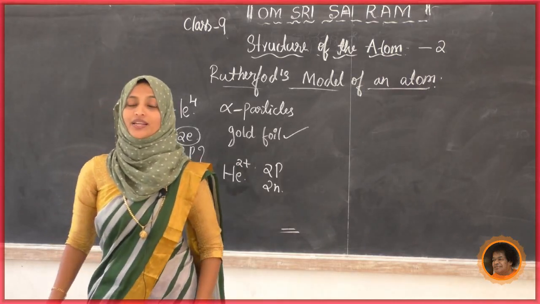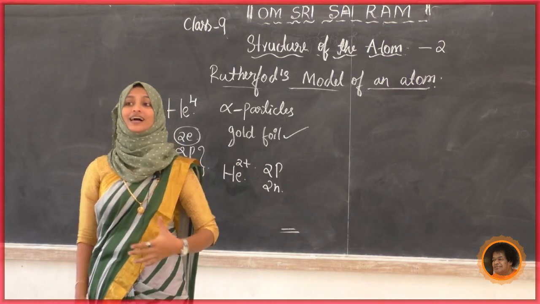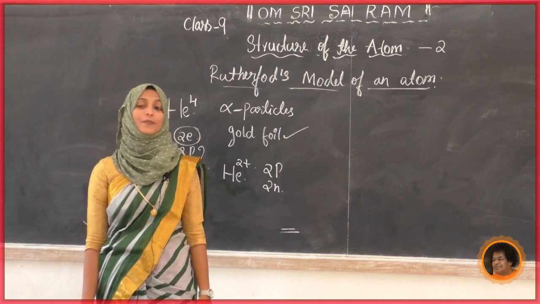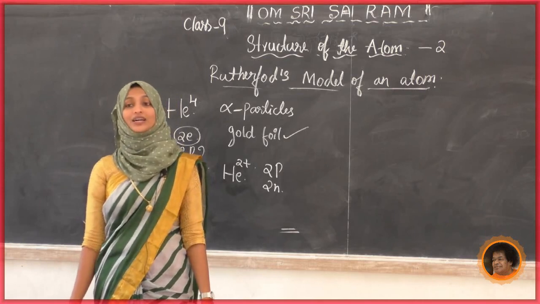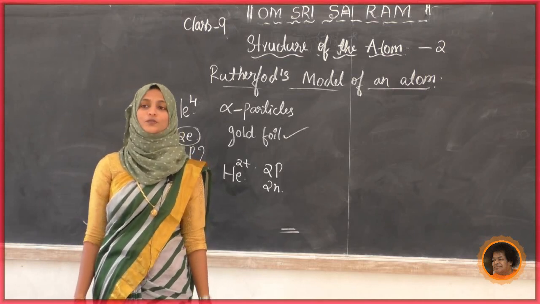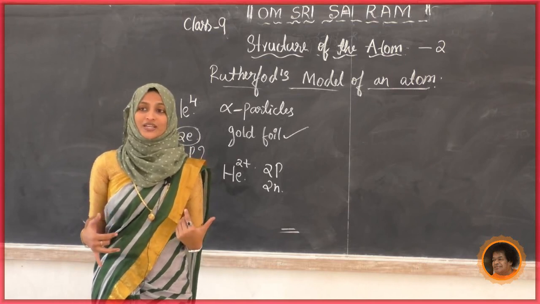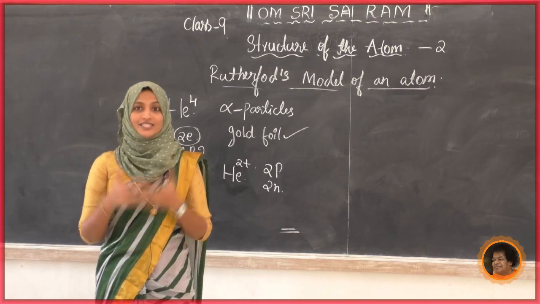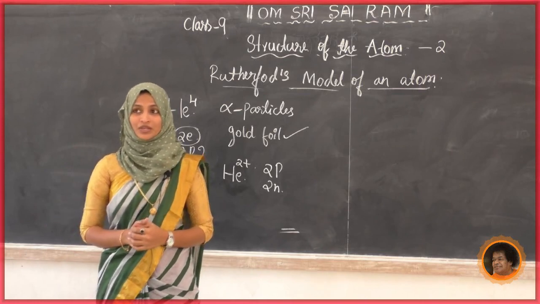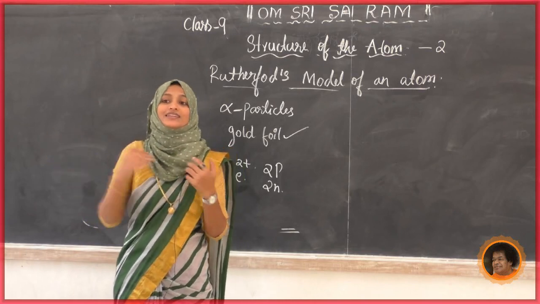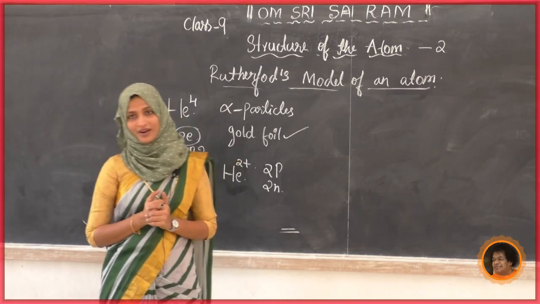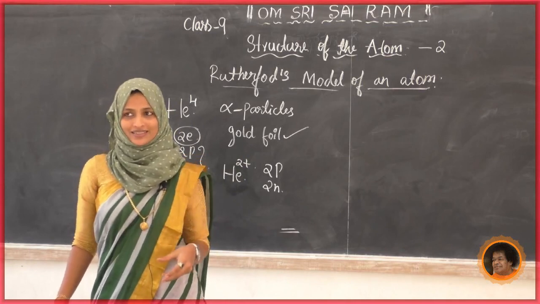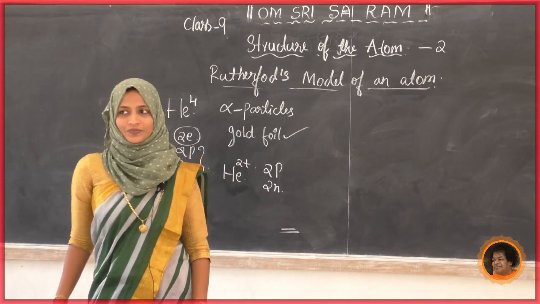It was expected that alpha particles would be deflected by the subatomic particles in the gold atom. He expected that the alpha particle, having a 2+ charge, a positive ion, would be deflected by the subatomic particles in the gold atom. We will see what happened later.